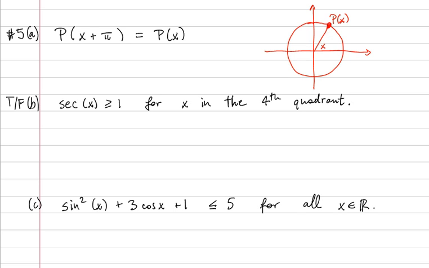It's P of x. And if you have an angle x plus pi, that means you are going another pi in this direction. And therefore, the point P of x plus pi is going to be diametrically opposite to the point P of x. So this is false.